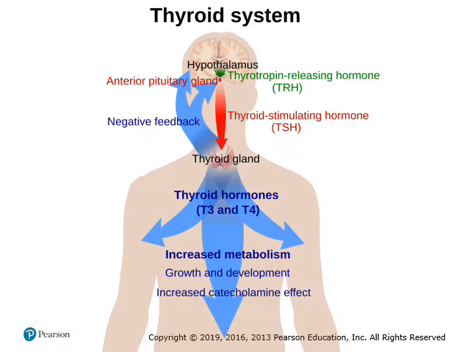And the thyroid stimulating hormone reacts on the thyroid gland, releasing the thyroid hormones T3 and T4, which will be increasing metabolism, growth and development, and increased catecholamine effect.